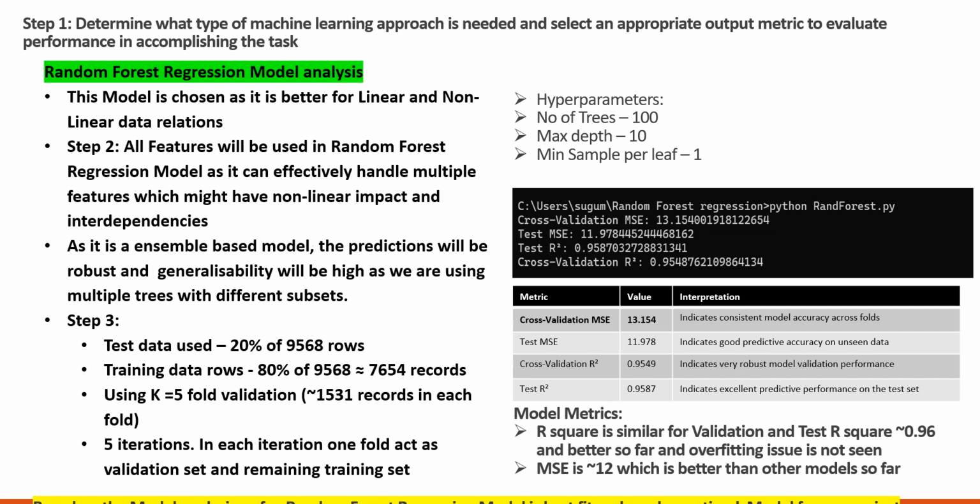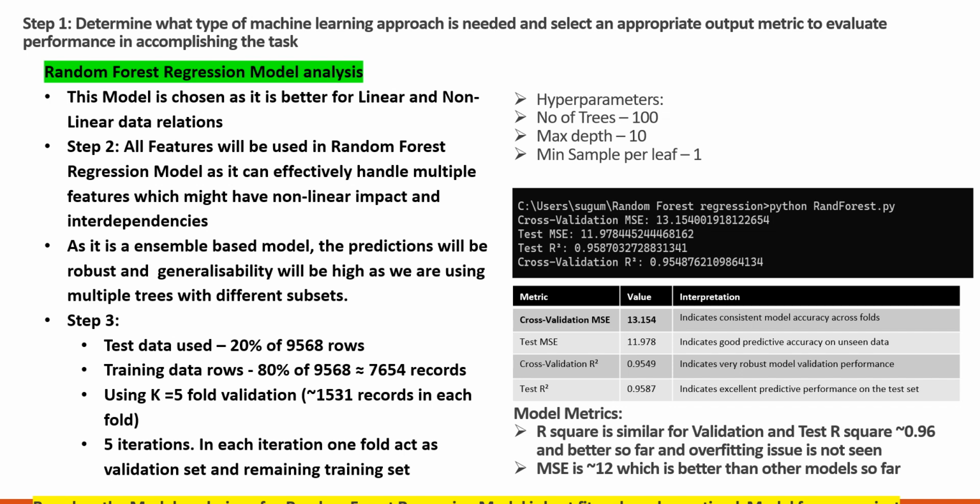So the k-fold validation will translate to approximately 1531 records in each fold, and there are 5 iterations. In each iteration, one fold will act as the validation set, and the remaining 4 folds will be the training set, and we are going to repeat this process 5 times by just shifting each fold and considering that as the validation set and the remaining as the training set.